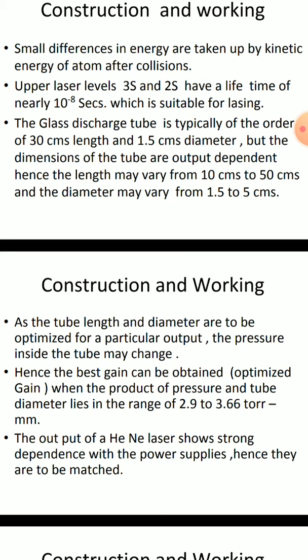Hence, the optimized gain can be obtained when the product of the pressure and the tube diameter lies in the range of 2.9 to 3.66 torr millimeter. That is, when the product of pressure of gas inside the tube and the tube diameter lies in this range, then you get the best output.